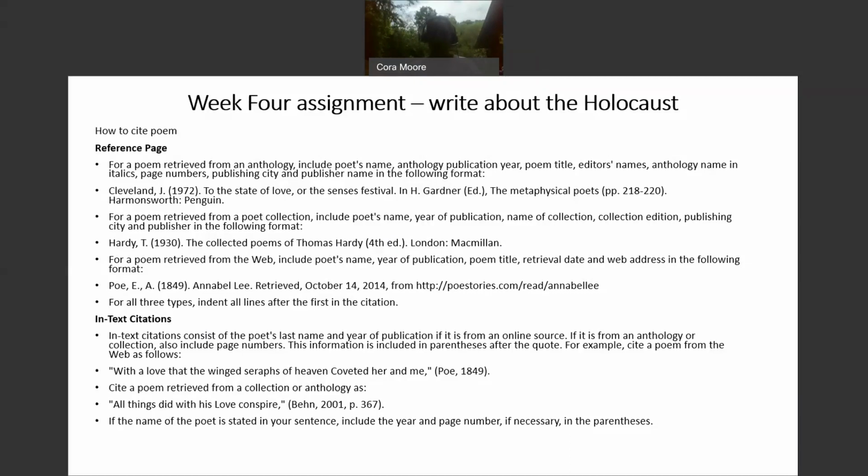Okay, guys. Next, we have those in-text citations, and even if it's a poem, a painting, a map, a graph, whatever, we still follow that who wrote it and when did they write it. And if you're going to do a direct quote, where you copy and paste it in, you will add that page number.